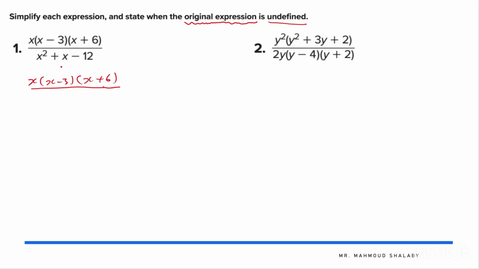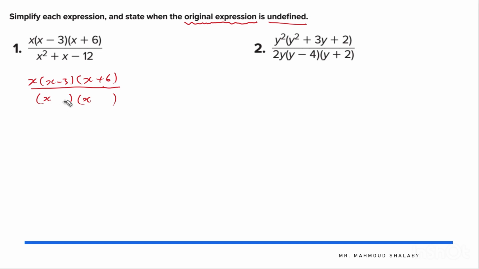This is a quadratic expression, so when you factorize it, you will come up with 2 brackets. You can do it with the calculator, but I will do it manually. Like x and x, 12 will come from 3 multiplied by 4.